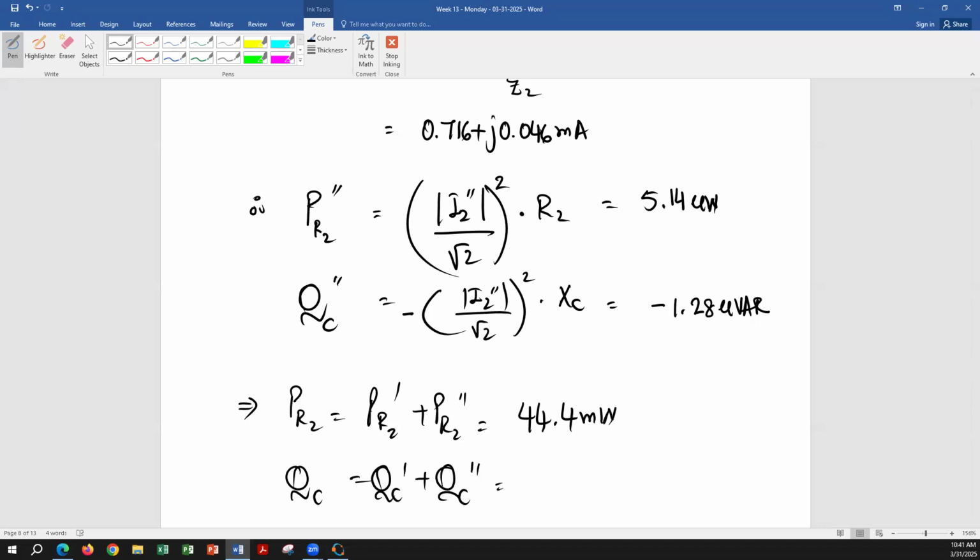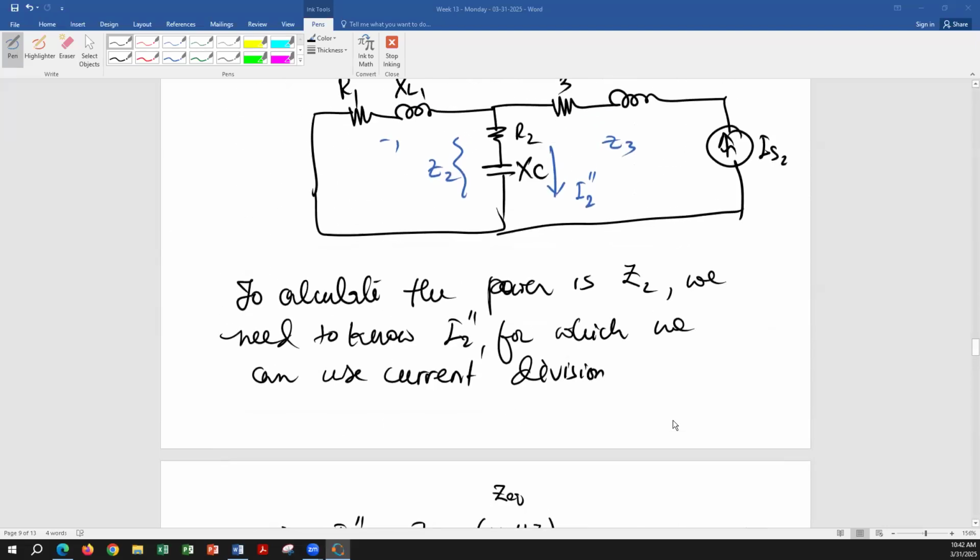And if I add both of these two together, 11.1 milliwatt.